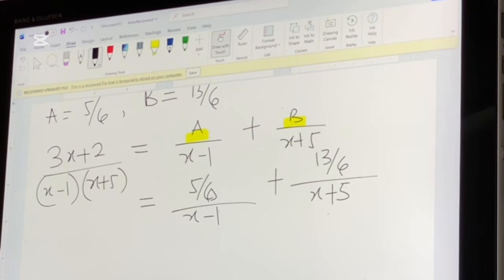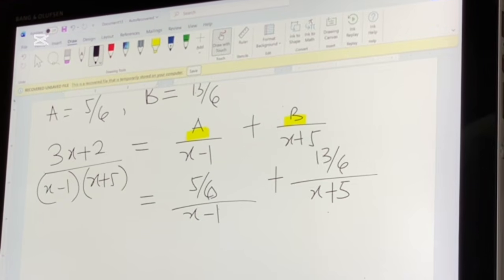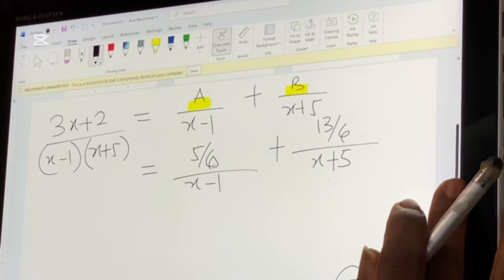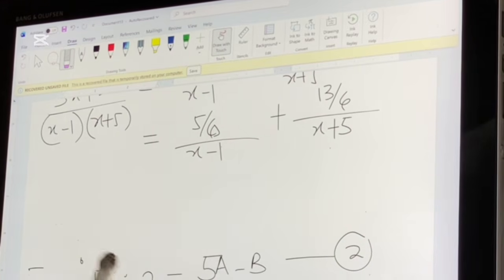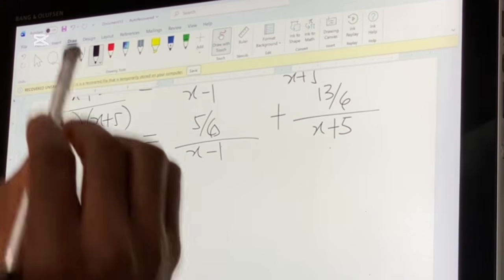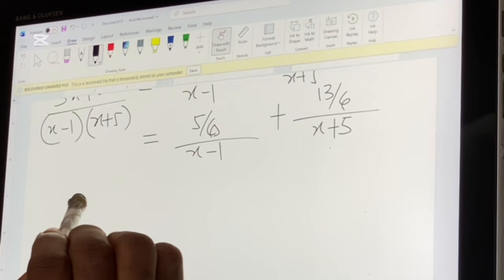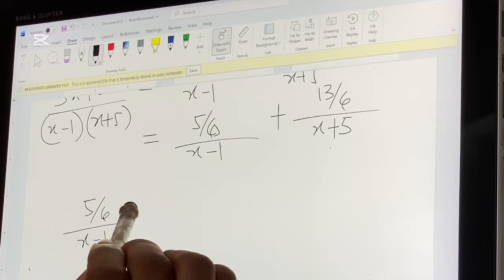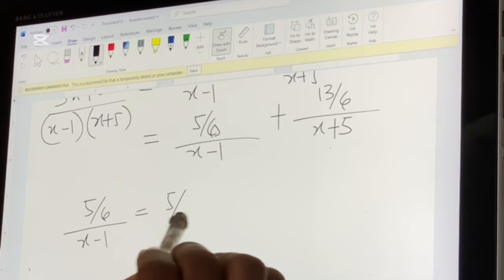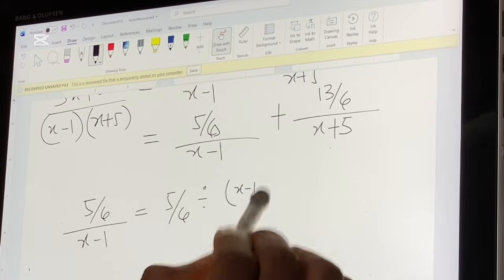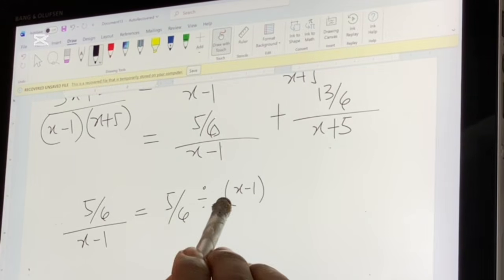Please take note. So when you simplify this, class, let me just explain this to us before we simplify. If I have this to be (5 over 6) over (s minus 1), this is the same thing as 5 over 6 divided by s minus 1, over 1.